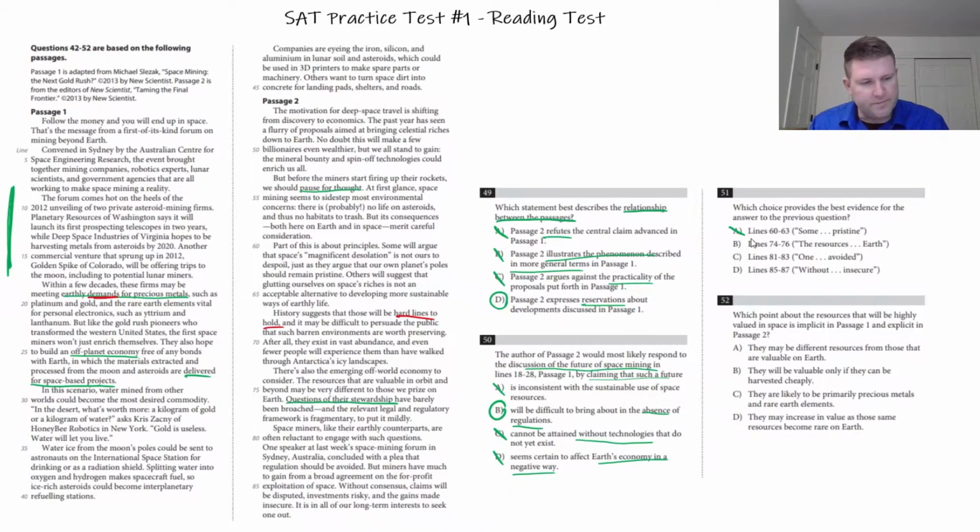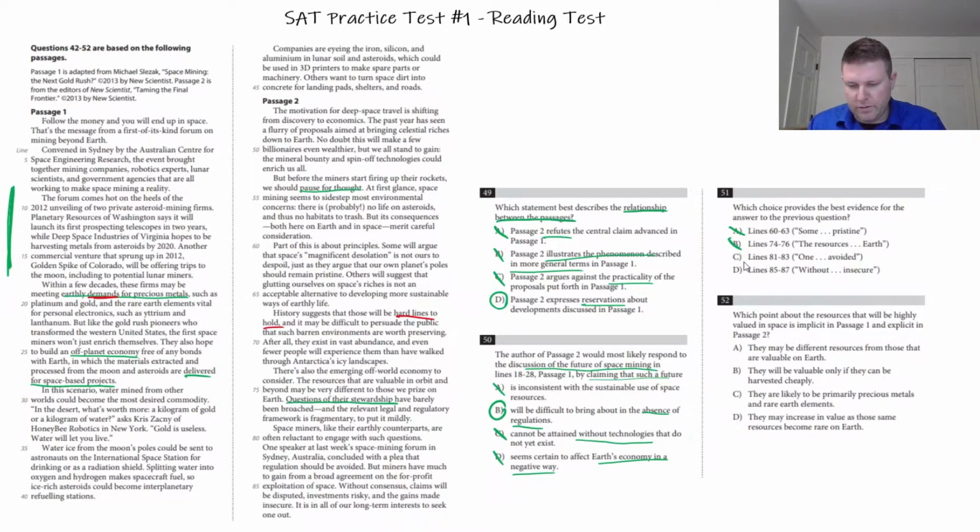So A is out. B, 74 to 76. "So there's also the emerging off-world economy to consider. The resources that are valuable in orbit and beyond may be different to those we prize on Earth." No, he's just saying that the materials we care about on Earth may be different than the ones we care about in space, which is not saying that we really need these regulations. It's not directly spelling that out.